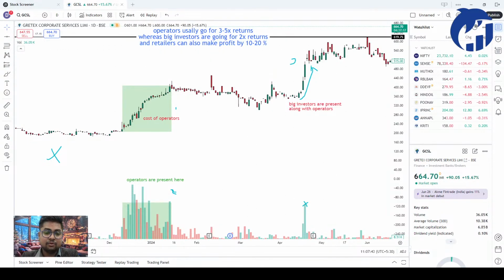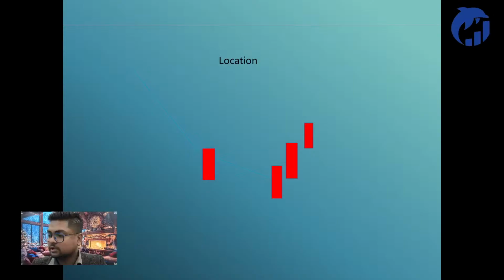Now just have a look. If you talk about the location, how the main funds enter and make the market move, just have a look at how the main funds are entering. This is the left candle which is appearing in a bulky manner, but we don't have to enter here, because it may be created by retailers or big investors.